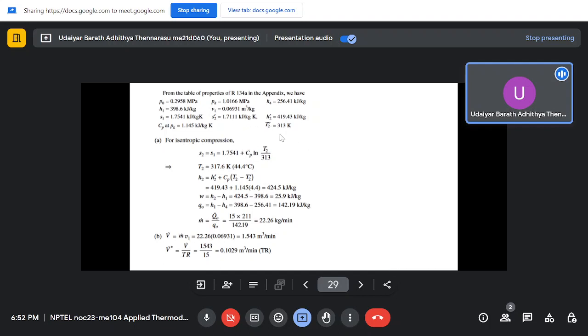This H2 dash is the saturated vapor condition in the condenser. You can either calculate this directly from the chart, or you can use the entropy balance to find the temperature.